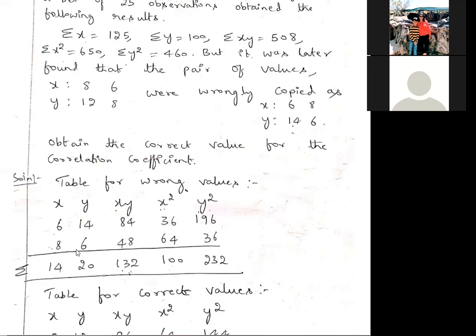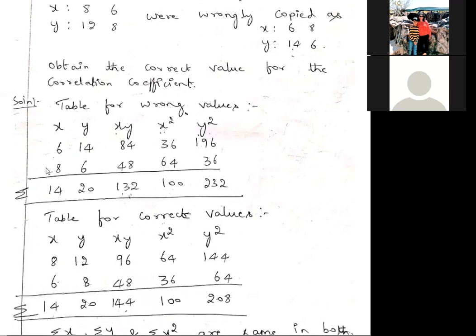And here, these two summations, the correct value and wrong value, if you observe, the summation for x is 14. So that has not changed. So the summation x is correct, whatever he has given. And summation y also is not changed. And coming to summation xy, because of these two values, xy is 132 here, whereas 144 here. So the correct value is 144, whereas the wrong value is 132.